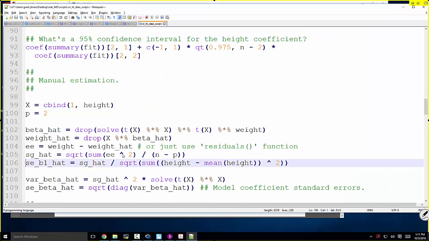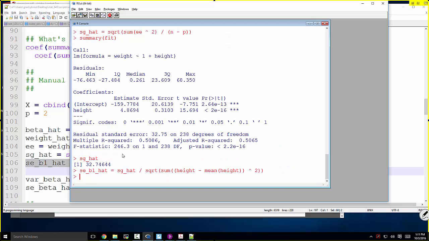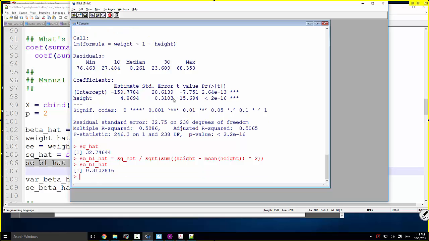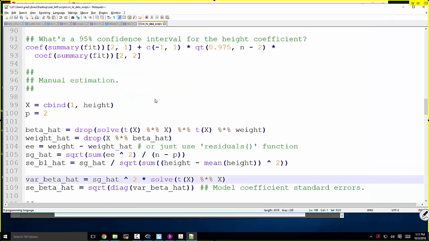This implements the formula from the notes for the standard error of beta 1 hat, just so we see it's the same thing also, 0.3103, the standard deviation of beta 1 hat. Here is the more generic way of expressing variances and covariances of the betas all at once. This is sigma hat squared, that's a scalar, times (X transpose X) inverse.